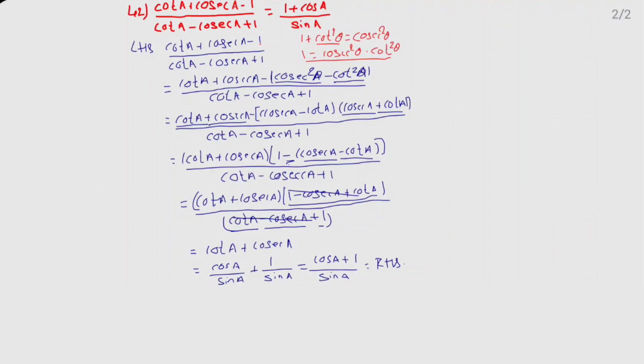RHS is 1 plus cos A divided by sin A, and here we proved cos A plus 1. 1 plus cos A or cos A plus 1, both are same, cos A plus 1 divided by sin A. Is it clear?